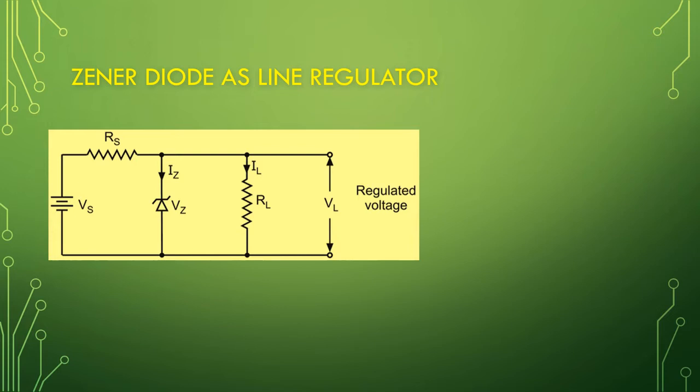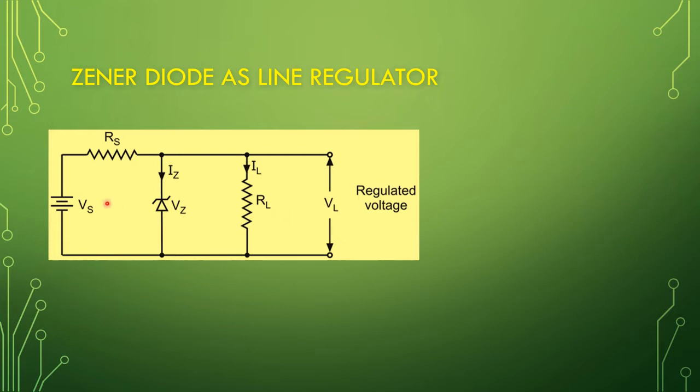In the previous class I already discussed this circuit, from which we can easily calculate the percentage regulation of load regulation by using a Zener diode. Today, by using this circuit, we can also design the Zener diode as a line regulator.